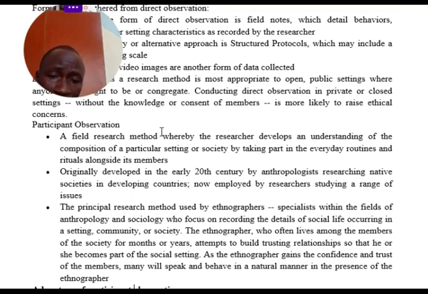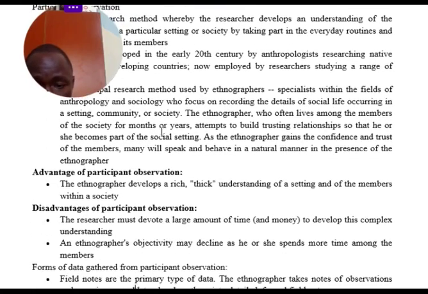When you talk about studying a range of issues, for instance given activities, these people could observe given areas and what they do. So they termed that the participant observation method.